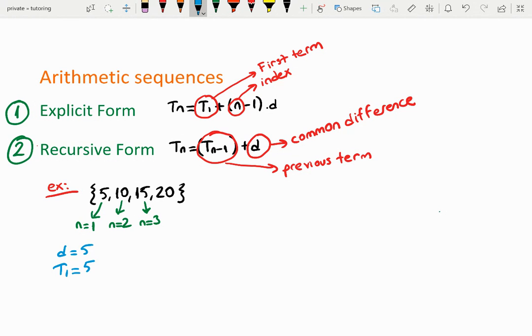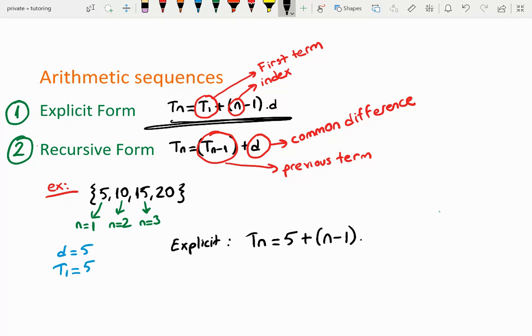So explicit form: Tn equals T1, which is 5 in my example, plus n minus 1 multiplied by d, which is 5 in this example.